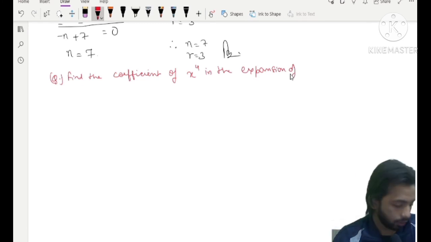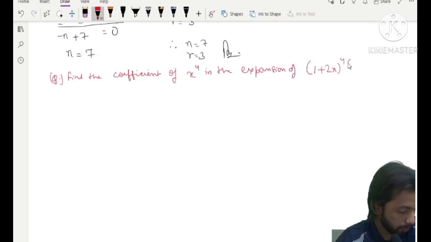Find the coefficient of x to the power 4 in the expansion of (1 plus 2x) to the power 4 times (2 minus x) to the power 5.